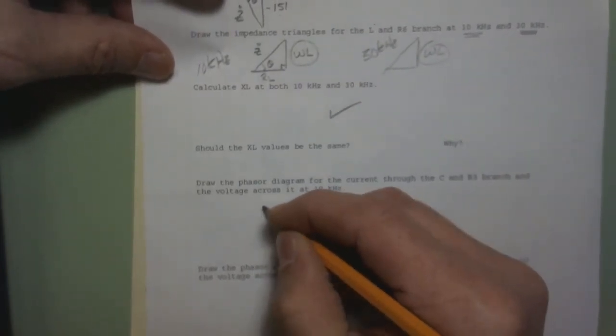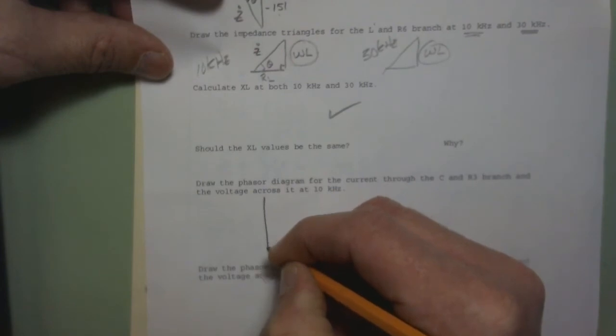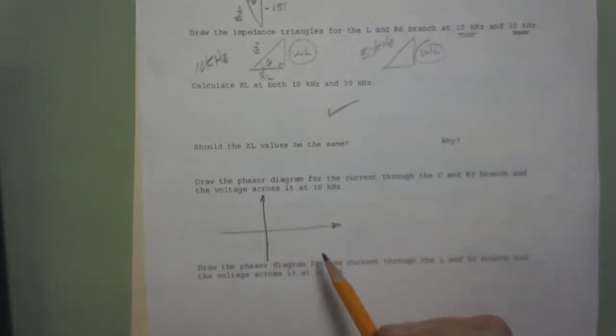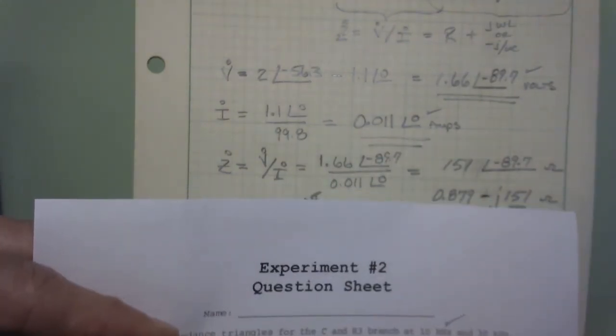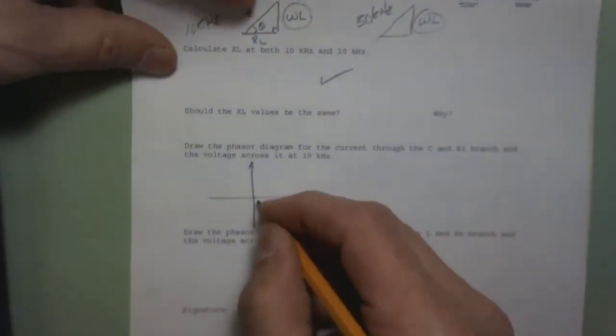So at 10K, I probably want to start out with some nice straight lines. And you can expand on this. We've got quite a few questions here, and I've kind of crammed them together. So I've given this to you in a Word document. You can expand on it. But let's see where the voltage is. That was 1.66 at minus 89.7.